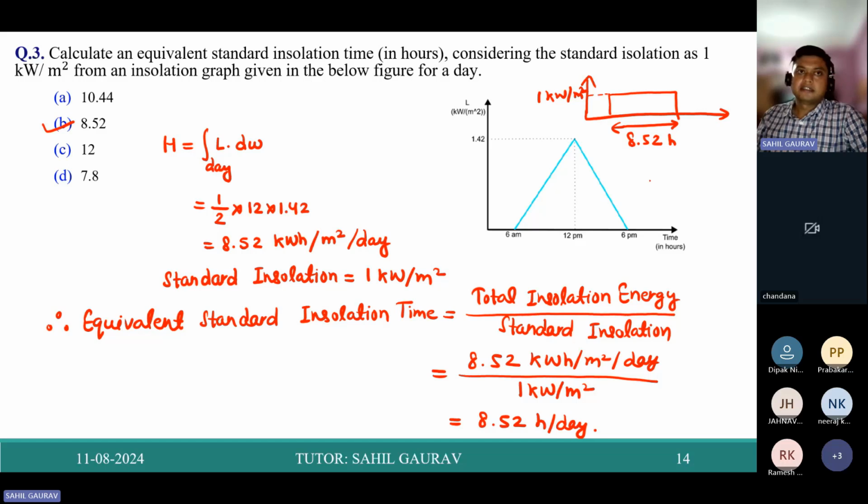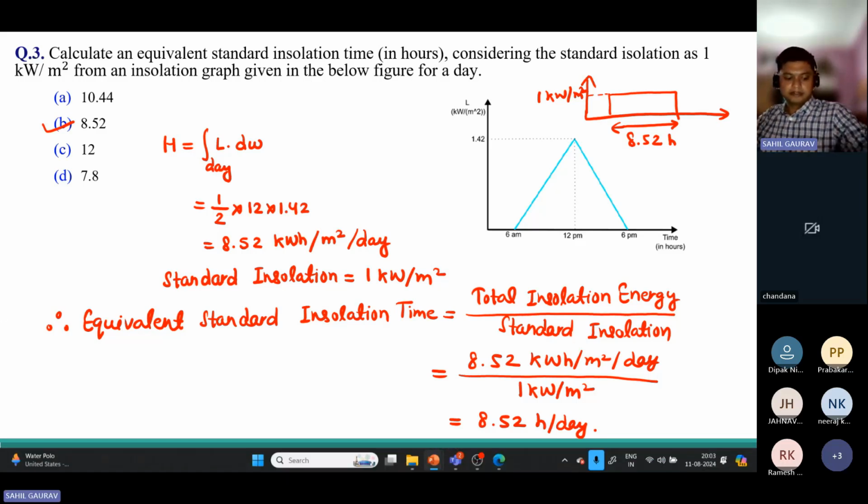So this equivalent insolation time is 8.52 hours, and the correct answer is 8.52.